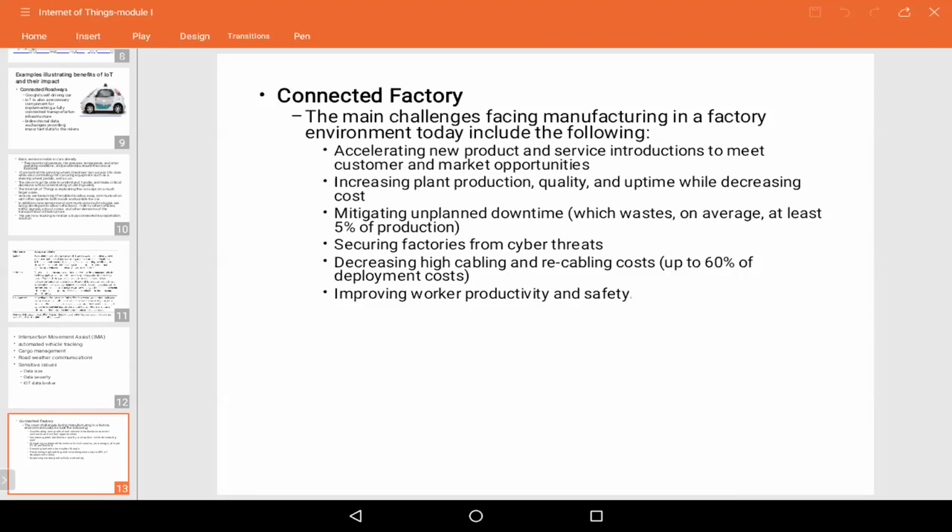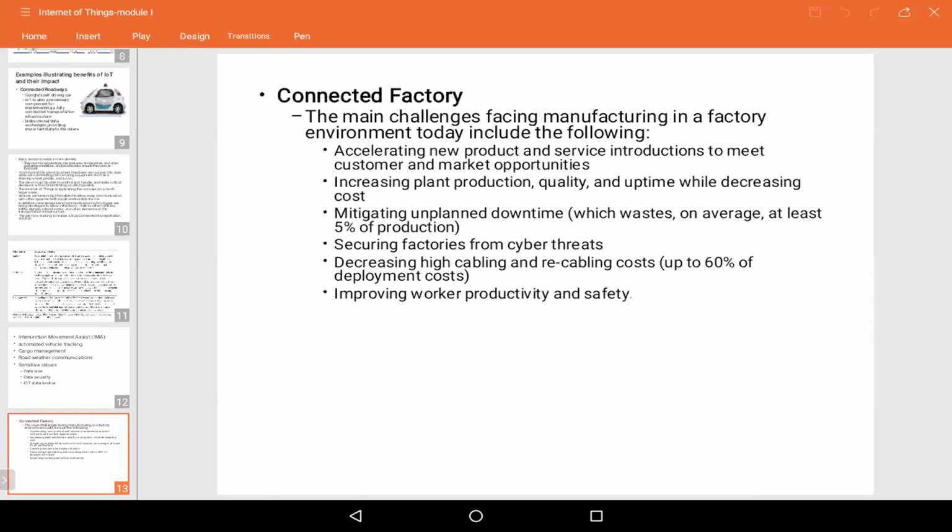Then, how to increase the plant production based on quality while decreasing the cost. This is the major thing. Everywhere, even in a company, you have to develop your product in such a way that you write the code so that errors are fewer, and you deliver whatever the customer is requesting.